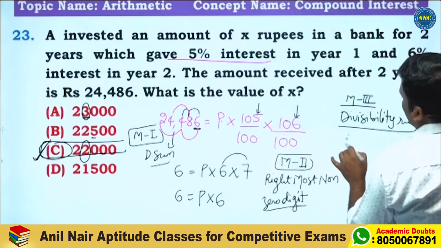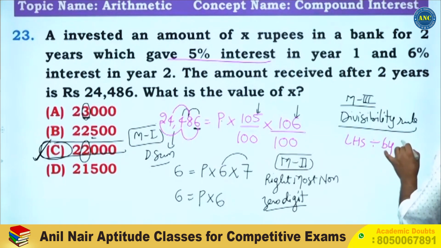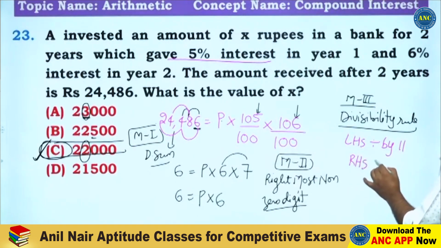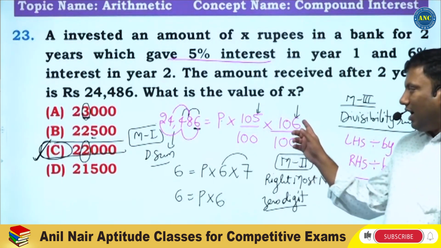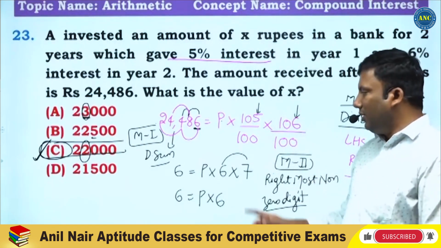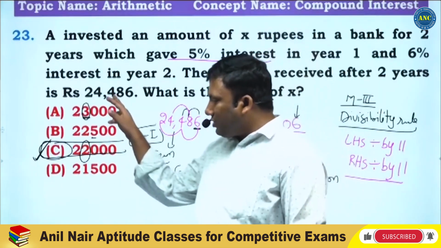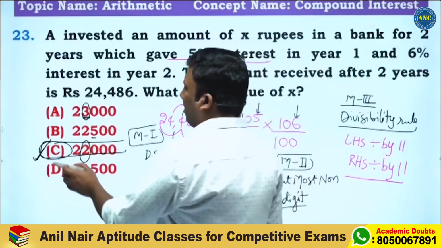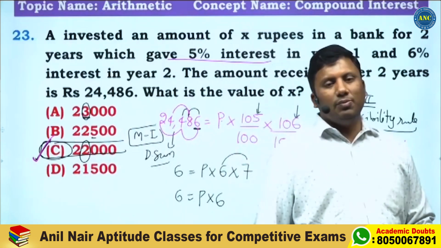That means LHS is divisible by 11. That means RHS should also be divisible by 11. 106 is not divisible by 11. 105 is not divisible by 11. Answer should be divisible by 11. 22,000 is divisible by 11.